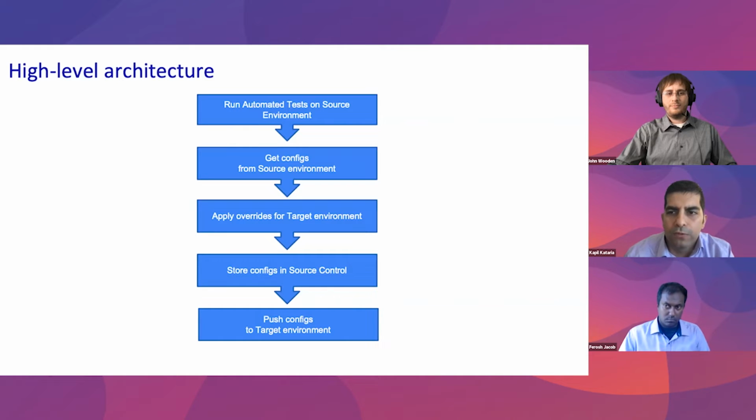We want to make sure the configurations we are promoting to the target environment are in line with the target environment. So if we are promoting to production, we will replace the production URLs for the data sources and so on. Then we store this configuration in source control so that we know what changes we are promoting and have a track of changes promoted to the target environment. John, next slide, please.